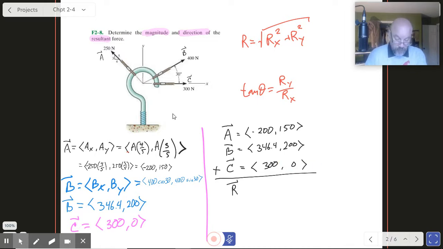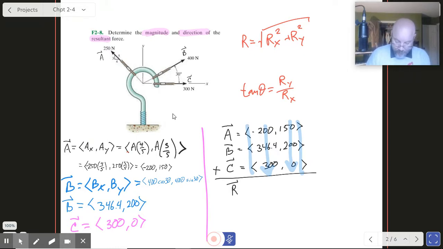Just like that. Now, be kind to yourself. Make these things line up, because that's what we're going to do. We're going to add them. If you keep your paper organized, it's going to help your brain stay organized. Organized paper, organized mind. They go together. Don't get sloppy.